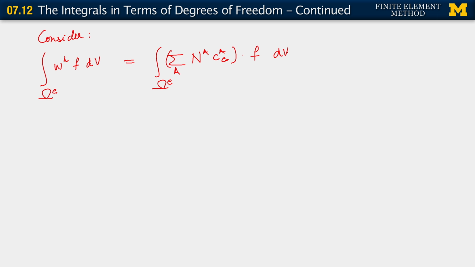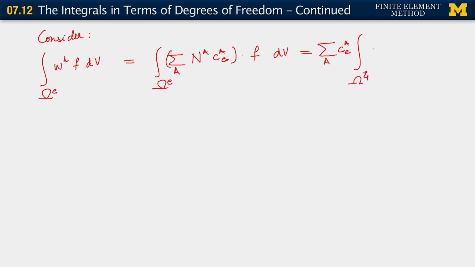dV. Okay, we can take several steps all at once now. Let's pull the summation out, CAE. We have an integral over omega e, but let's plan to write that with a change of variables as an integral over omega c.